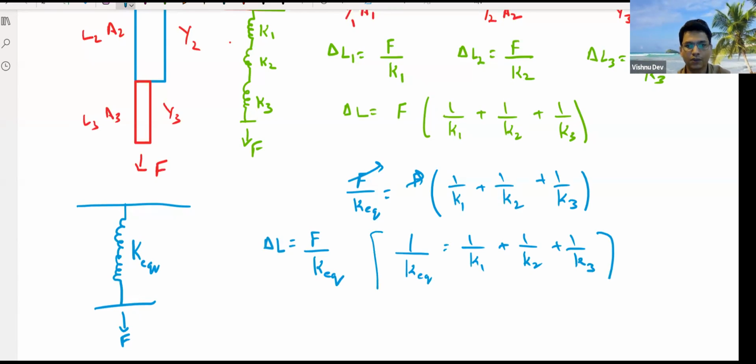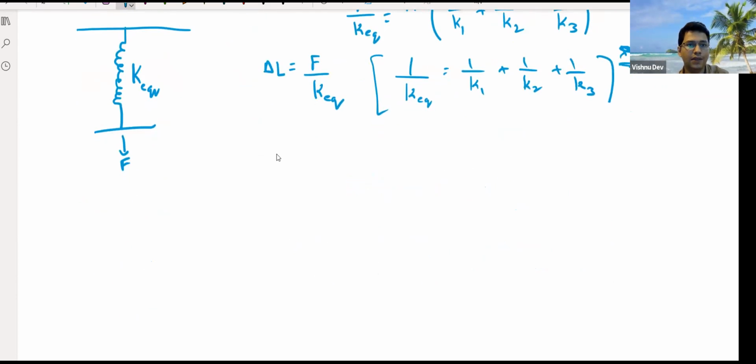Do you see anything familiar? Where did we study such an equivalent concept? Parallel resistance, right? Very good. But here, are the springs in series or in parallel? In series, right? So this is called a series combination of springs.